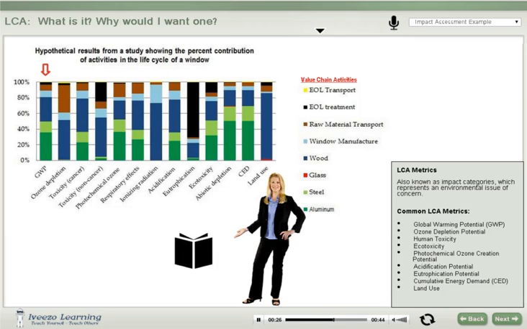If you would like to read more about commonly used LCA metrics, please click the resource link. To learn more about the science behind the factors used to calculate these metrics, click the example icon. To move on to why you might want to do an LCA, click the Next button.